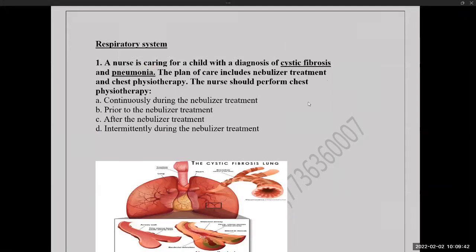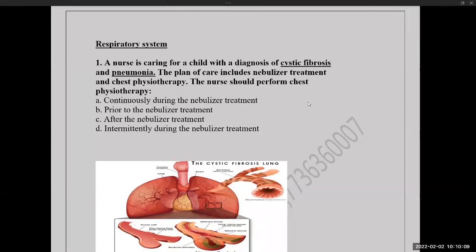Pneumonia is a lung disease caused by bacteria such as Staphylococcus, Klebsiella. It is aerobic and lobar pneumonia.